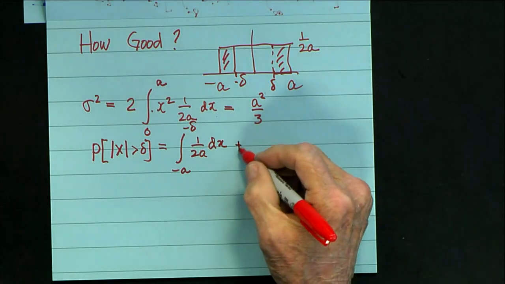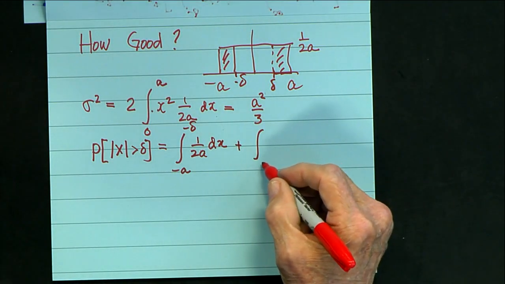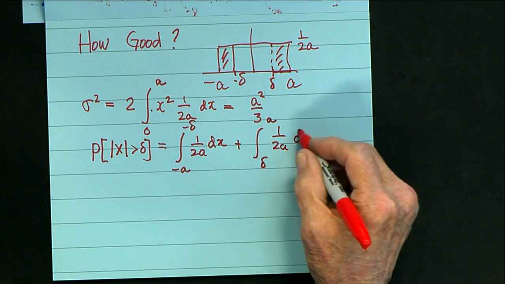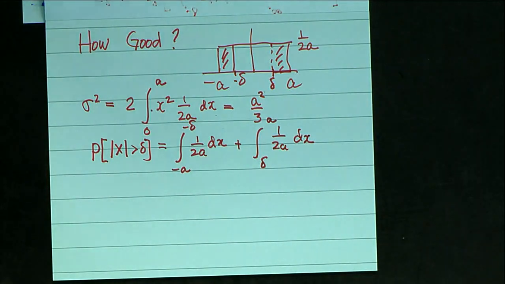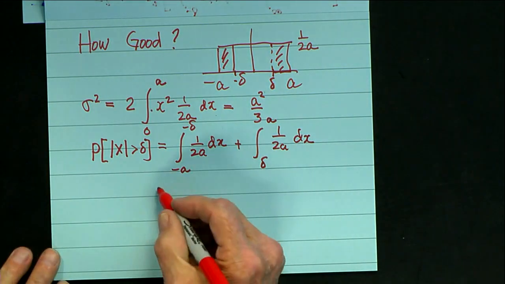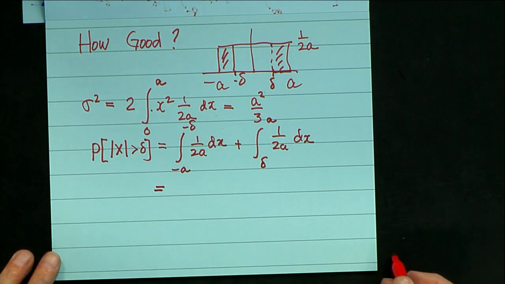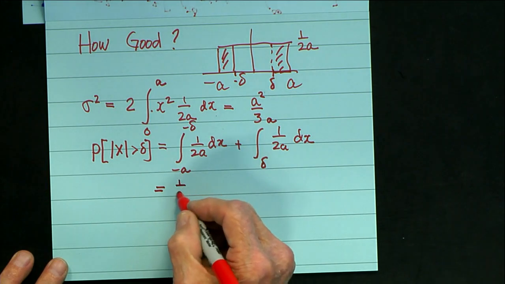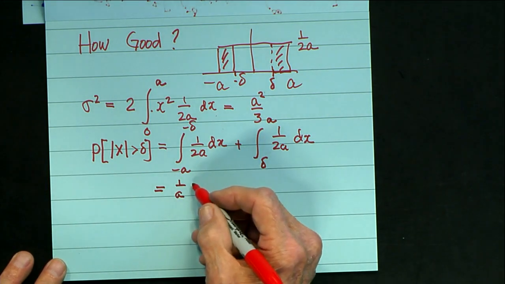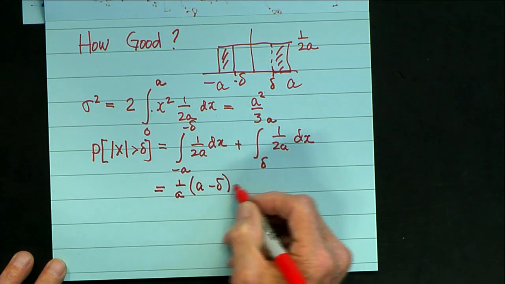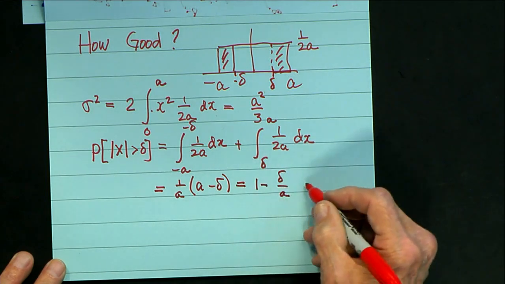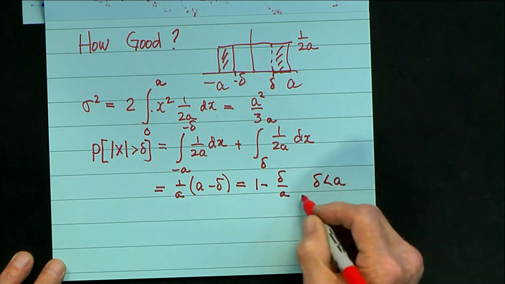Plus the integral from delta to a of 1 over 2a dx. And so this integrates to 1 minus delta over a. And this, of course, is for delta less than a.